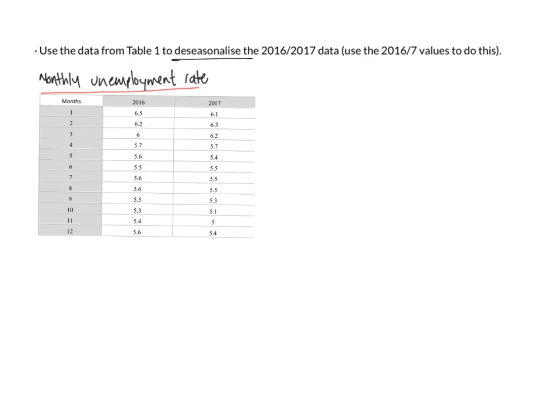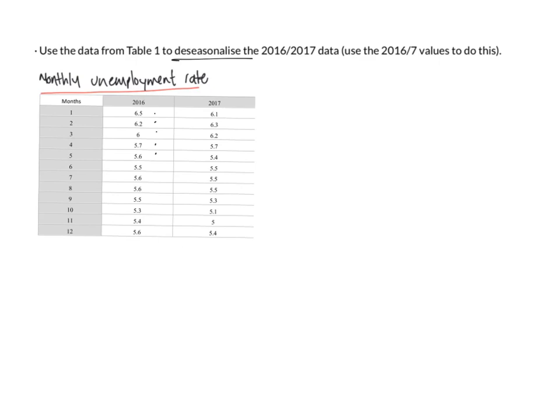Firstly, we take the average of every year. We're talking about the monthly unemployment rate, so we take all these months, add them together, and get the average.